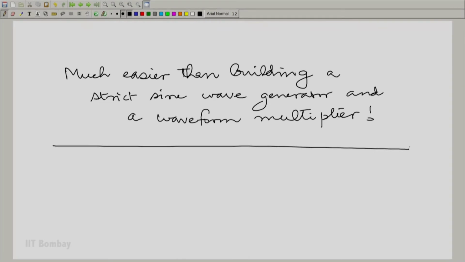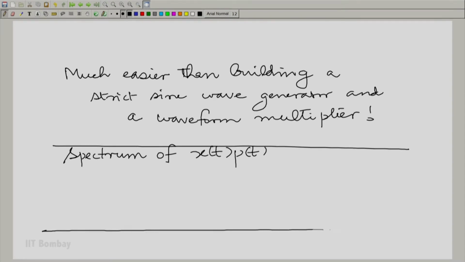And now, you can see the spectrum of x(t) times p(t); we have discussed that so many times before. So, it will look something like this. Let us take the same speech signal x(t) that we did before, and let us take 1 by Ts as before to be 10 kilohertz.